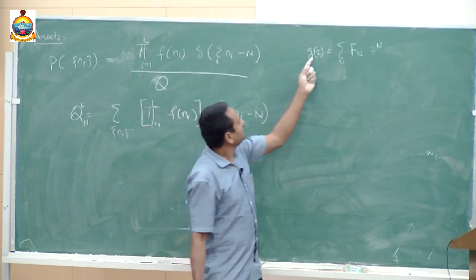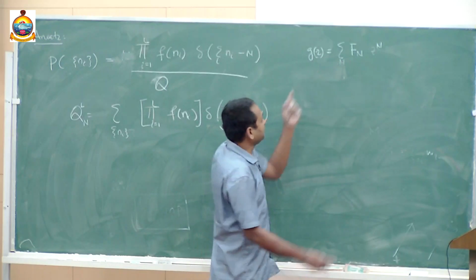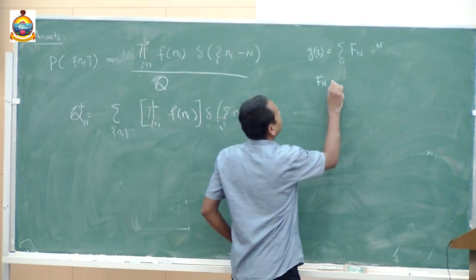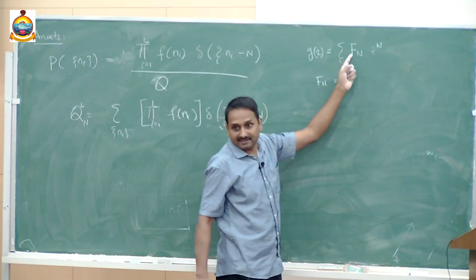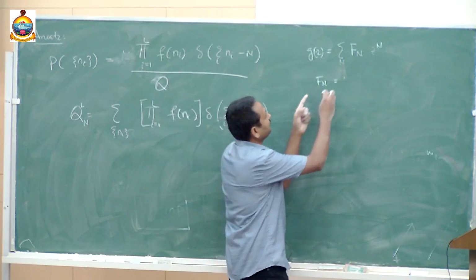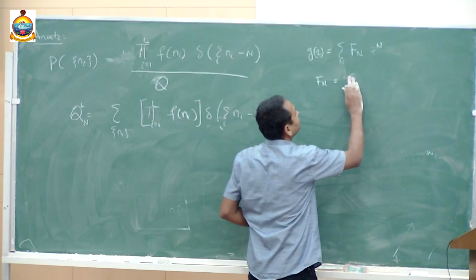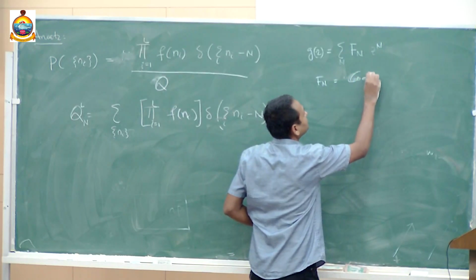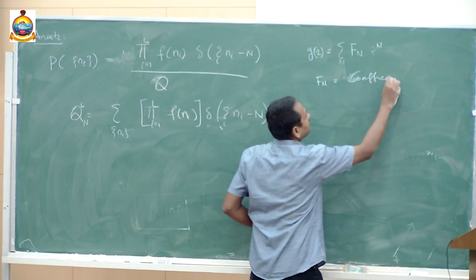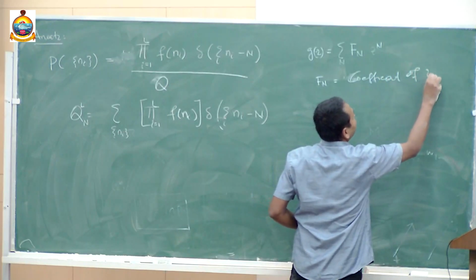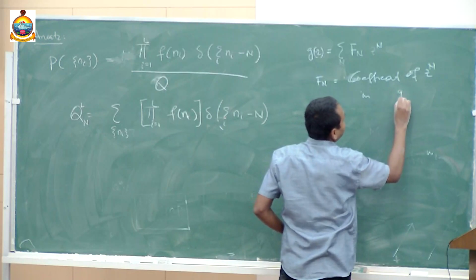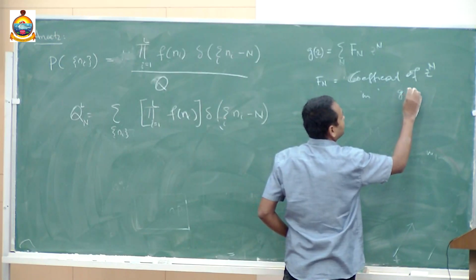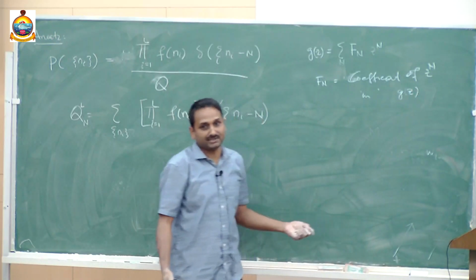Okay. So if you just write a generating function by definition, then f of n is equal to, right, this is just z to the power n f of n. So basically f of n is the coefficient of z to the power n in the series expansion of G of z around z equal to 0.